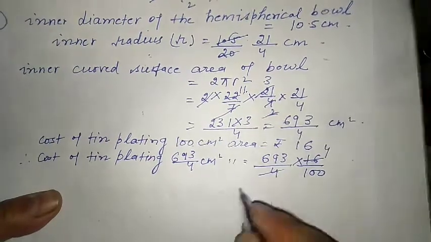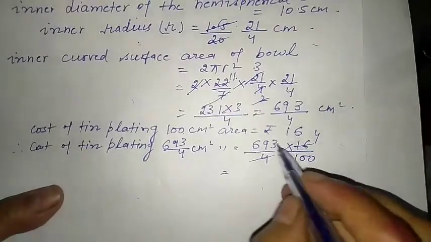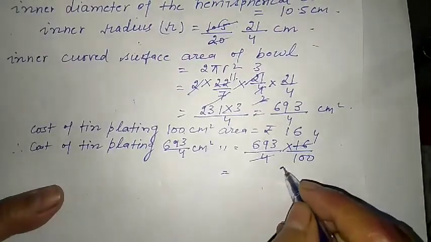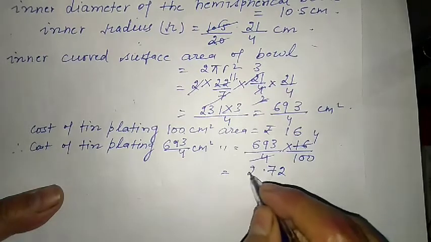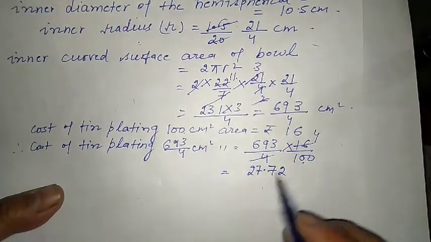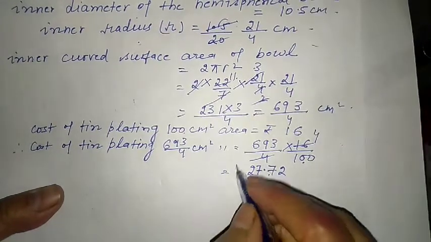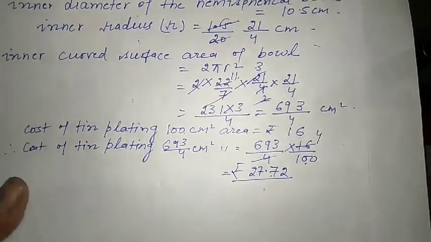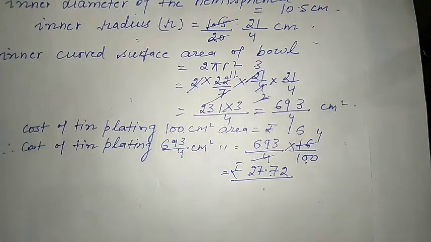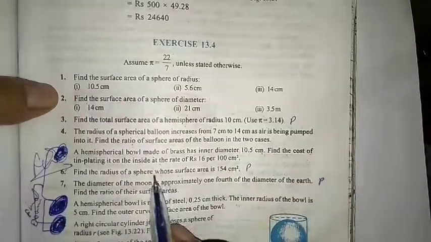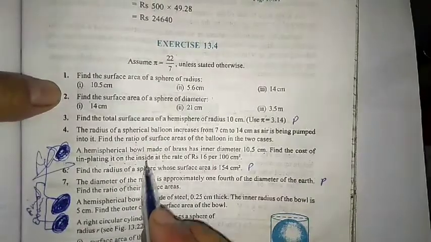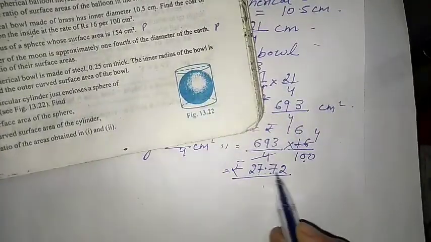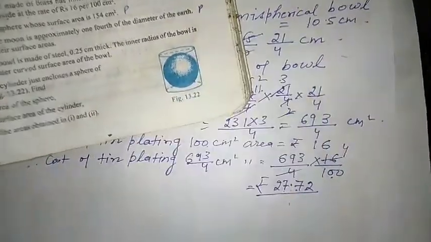This can be cut by 4 and these two can be multiplied. 27. It is divided by 100, so we are having rupees 27.72. This is the answer. So we can write here the cost of tin plating inside the ball is rupees 27.72. Answer statement we have to write for all these word problems.